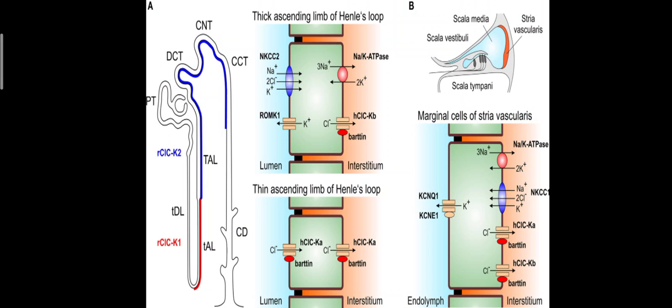And in the thick ascending limb, along the apical membrane there is a sodium chloride potassium transporter, and on the basolateral membrane there is a Bartter channel, and in the thin ascending limb there is a Bartter channel present on the apical membrane and basolateral membrane.